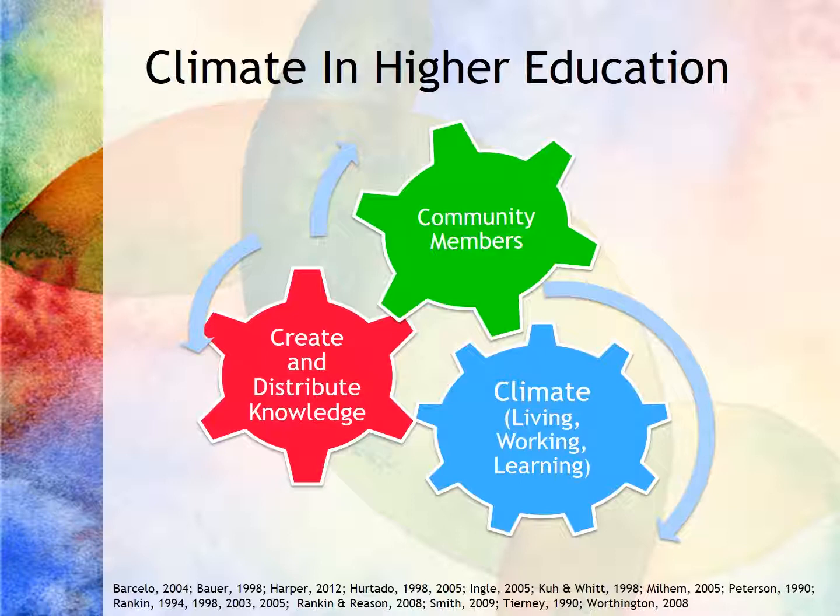And if you're an engineer or an economist, I know the 3-cogged wheels don't work, so don't point it out to me in the chat box. But it gives you an idea that climate is constantly changing. And I've offered several references at the bottom of each of the slides that I'm talking about. And you'll note that many of them might seem dated. And it's because those are seminal articles, the articles upon which we build our work.